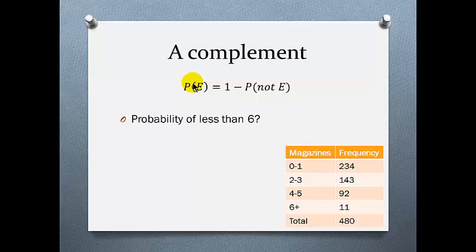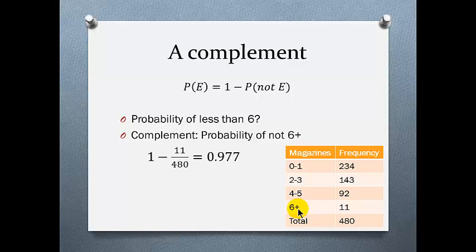Maybe an example with numbers would work better. What if I want the probability of reading less than 6 magazines? Well, that includes the first category, the second category, and the third category. In fact, it includes everything except the 11. This 6 plus, that's the complement. It's the opposite of what's being asked for.